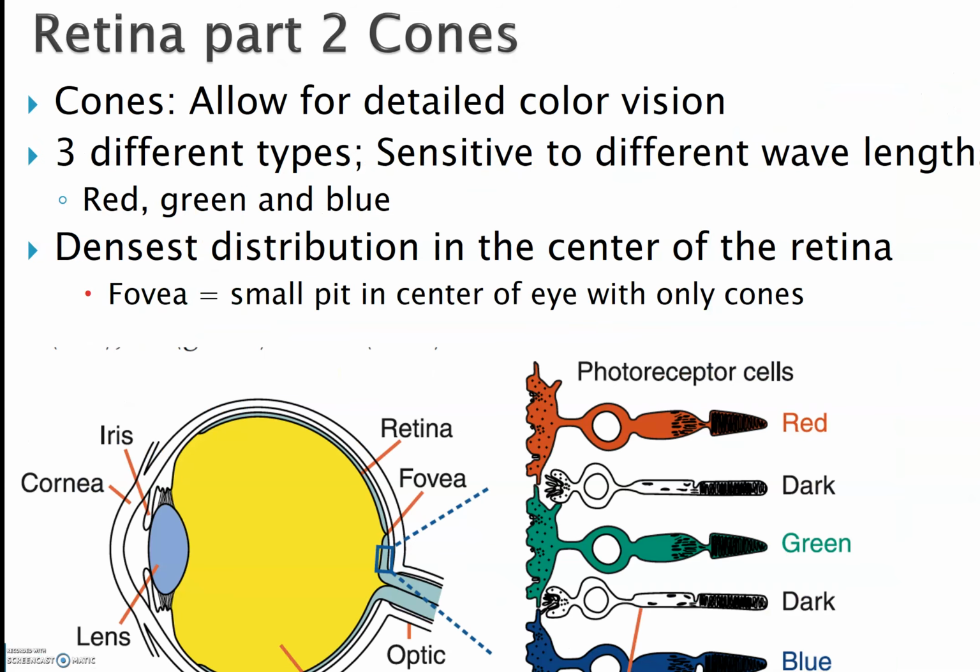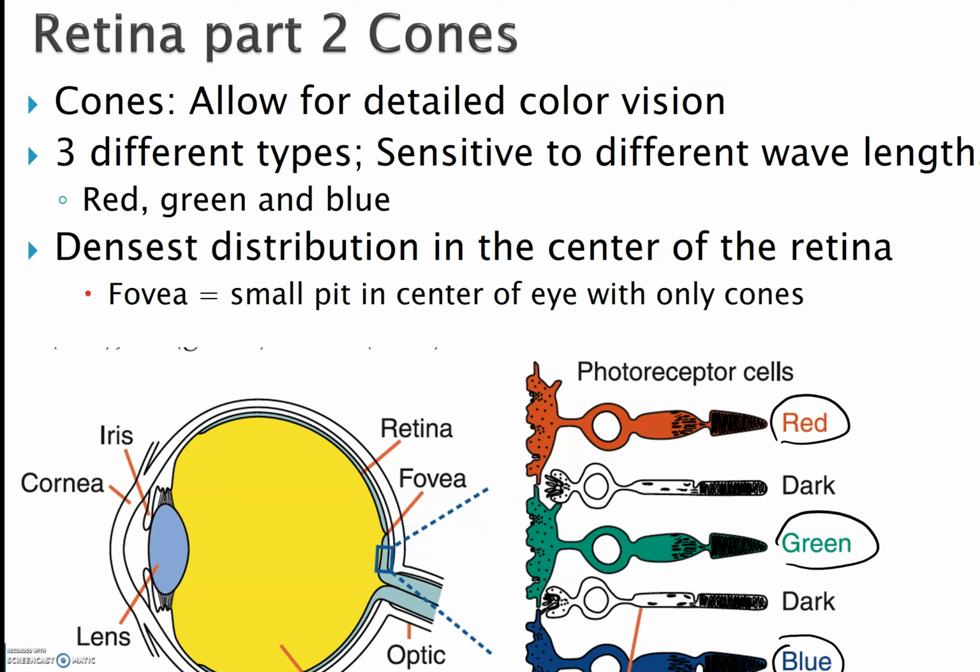Cones let you see color. There are at least three types of cones. There's been argument that there's a fourth type that some people have. Rods actually let you see a purple tone of light, so I'm not completely sure about that. But there are red cones, there are green cones, and there are blue cones. Notice, no yellow, no orange.